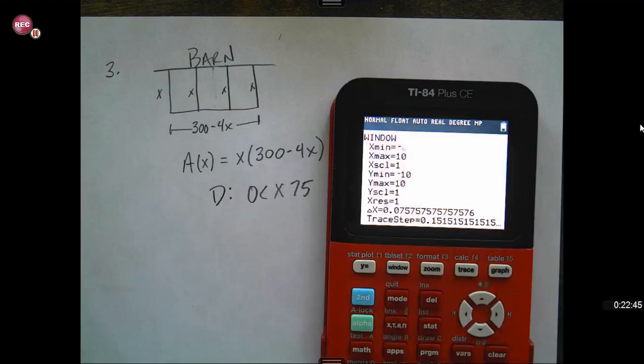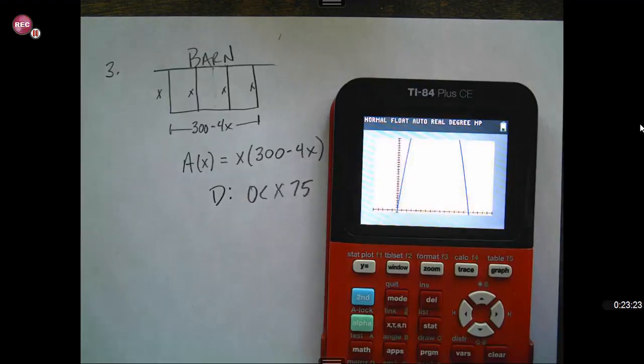Let's do -25 to 100, have it count by 5s, and then -100 to 3,000 and have it count by 100.